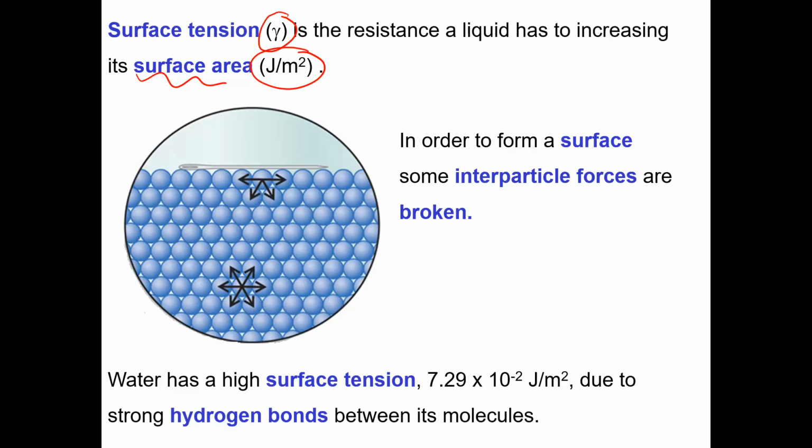In order to bring a particle from the bulk of a liquid to the surface, you have to break a bunch of intermolecular forces. That costs you energy, because bond breaking is always an energy-in process. Now, water has fairly high surface tension, and that's a direct result of the strength of the hydrogen bonds between its molecules.